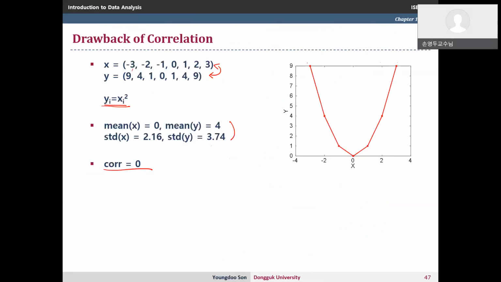The major drawback of correlation is that it only considers the linear relationship between 2 vectors. So if, for example, like the example on this page, 2 vectors have a quadratic relationship, the correlation cannot find these patterns. So it may lead to a misunderstanding of the data. Okay.